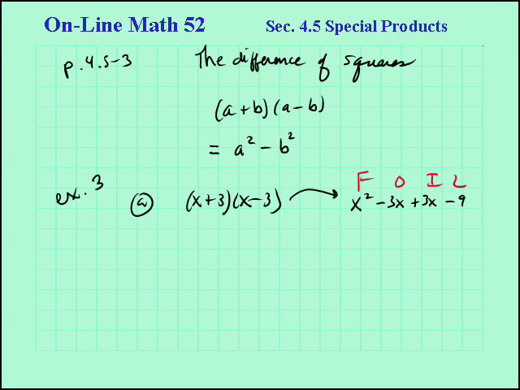But again, these two right here become 0, so we would end up simply with x squared minus 9. If, though, we use this difference of squares rule right here and multiply, we're going to get the first one squared, which would be x squared, minus, it'll always be minus, and then the 3 squared, which is 9.